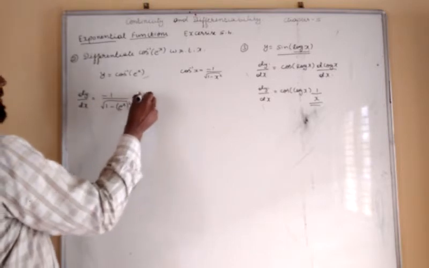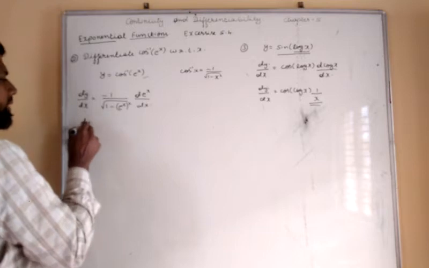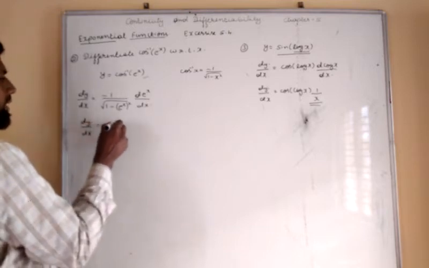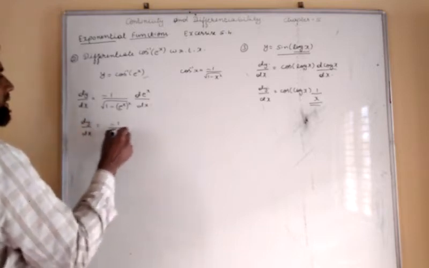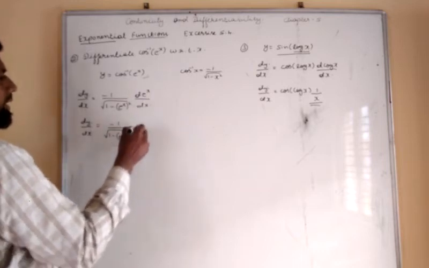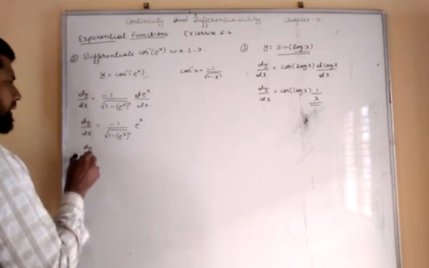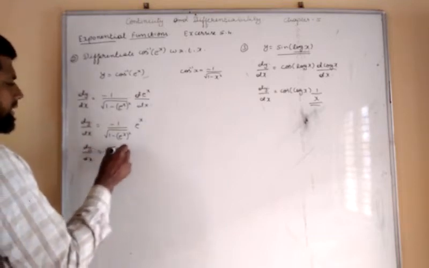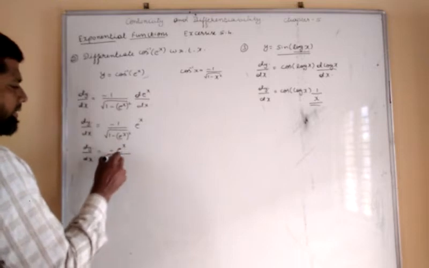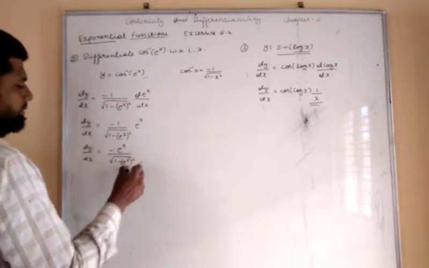Again differentiation of e to the power of x. Then dy by dx is equal to minus 1 by square root of 1 minus (e to the power of x) whole square, into e to the power of x. That can be written as dy by dx is equal to minus e to the power of x by square root of 1 minus (e to the power of x) whole square.